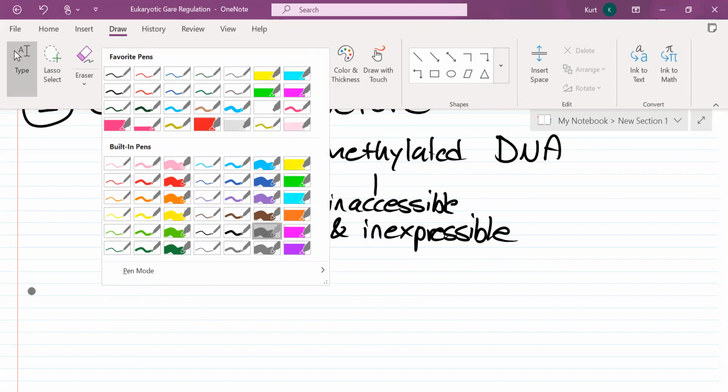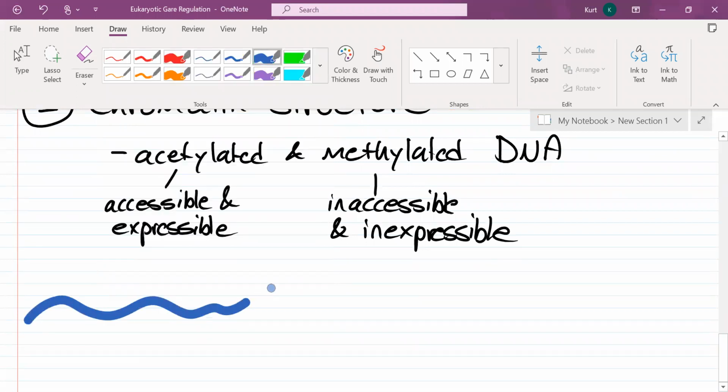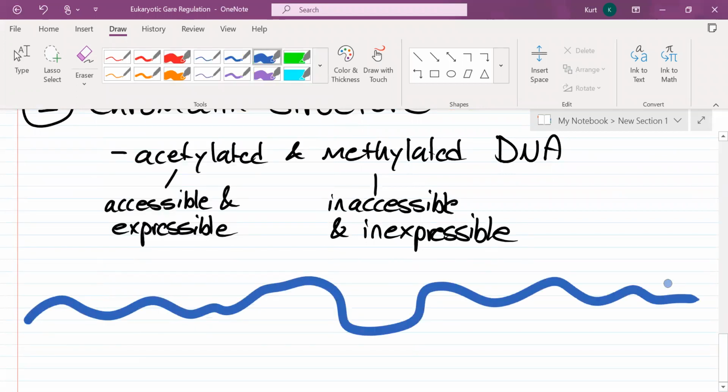So I'm going to just make this blue line here. This is going to be your DNA, which is chromatin. Hope you understand that. DNA is chromatin. Chromatin is just when it's all squiggly and messy and not condensed nicely and tightly like a chromosome.